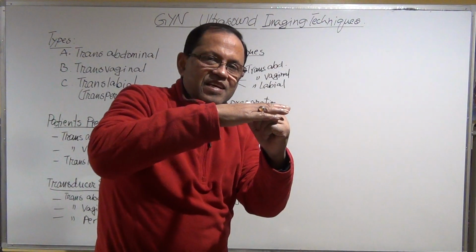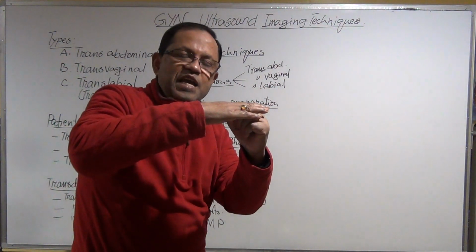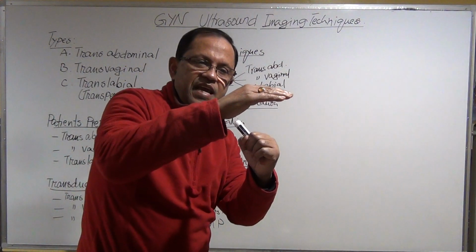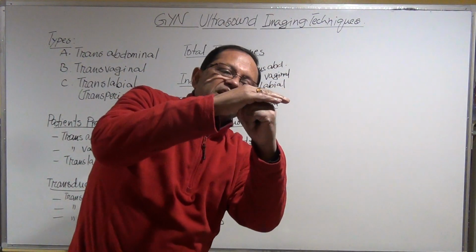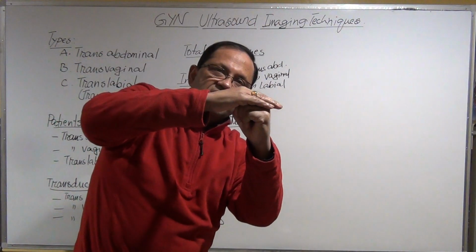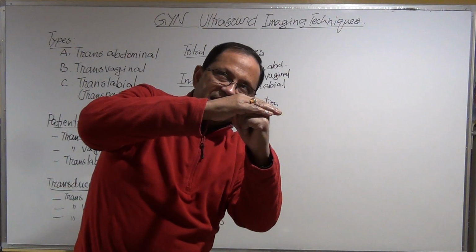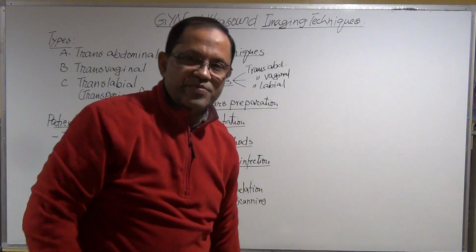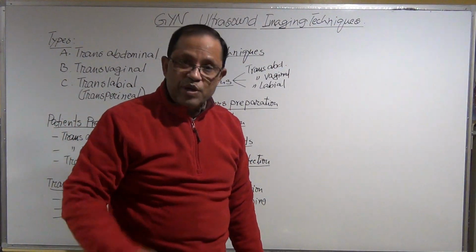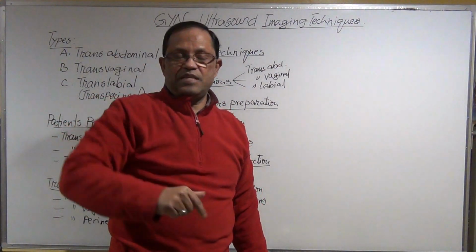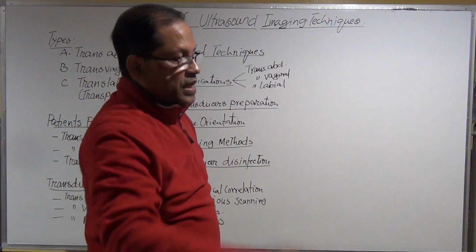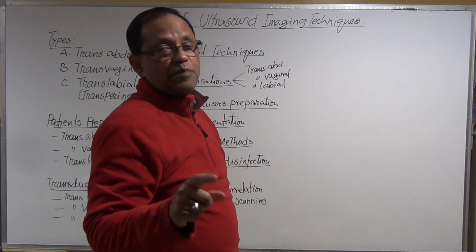When the bladder is really nicely full, the uterus is no more like this; it is getting like this, and you are scanning from here, getting a 90-degree straight line onto the endometrium. So you will see the full thickness of the endometrium because the reflection is best at 90 degrees. That's why we need a full bladder.